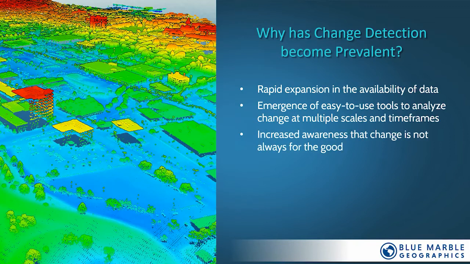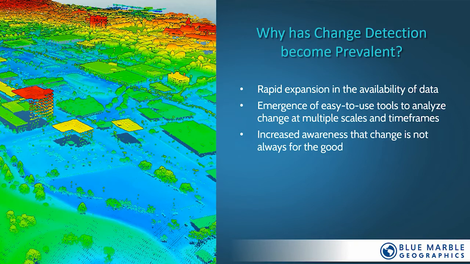And the final bullet here, and this is an important one as well, there is an increased awareness that change is not always good. Yes, there are going to be situations where you analyze change to see how much growth there has been, maybe in a forestry situation, or I mentioned agricultural applications. But seeing change where change is not expected or not welcome is another reason to embark on this type of project. Again, I mentioned engineering applications.